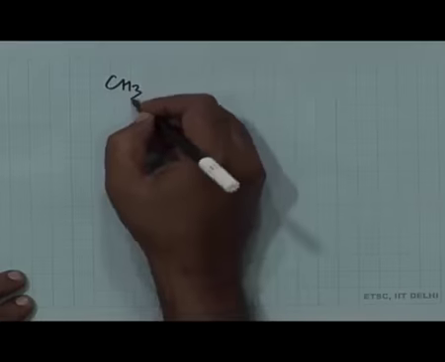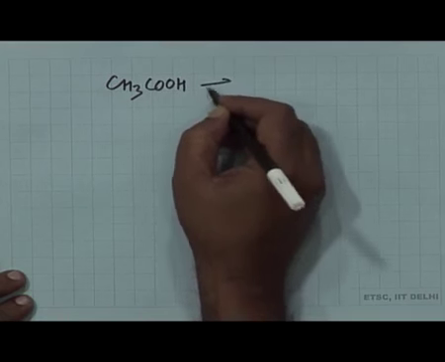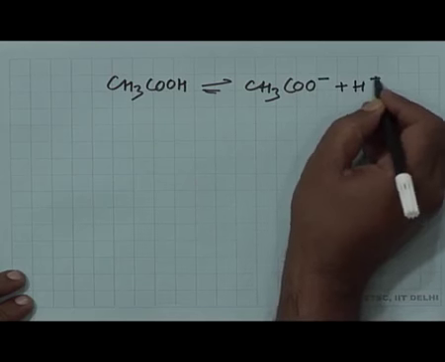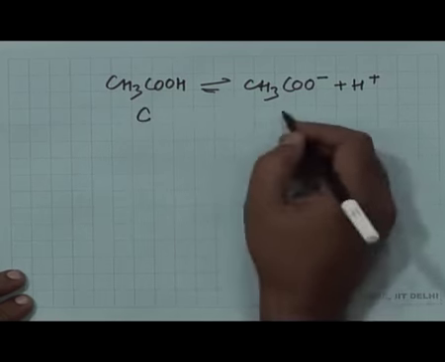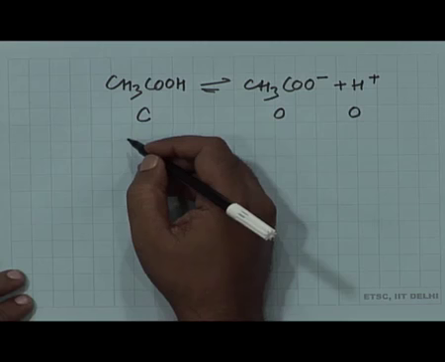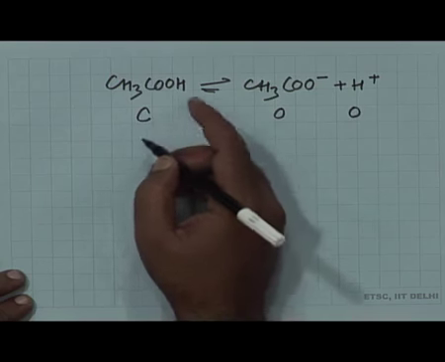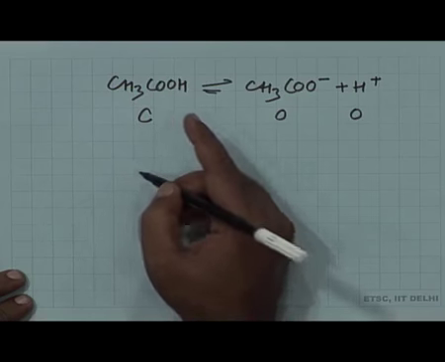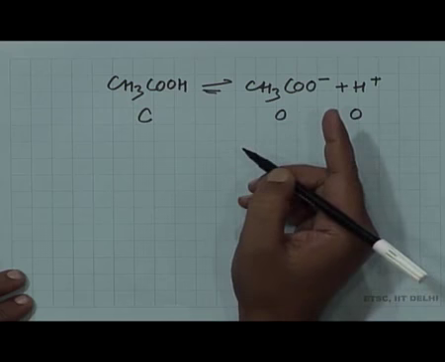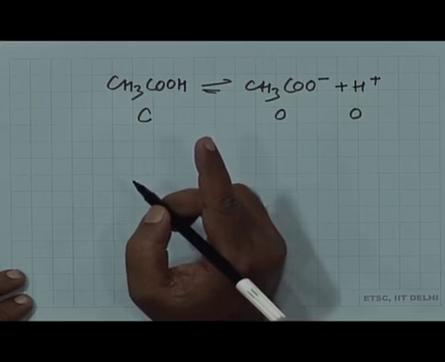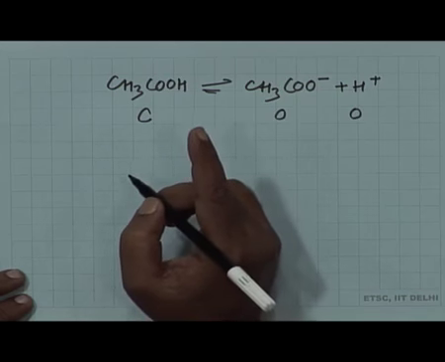Suppose I take another concentration, CH3COOH going to CH3COO minus plus H plus. I started with C, 0, 0. We know that alpha is the amount of CH3COOH which has gone to ionic form per mole of acetic acid.